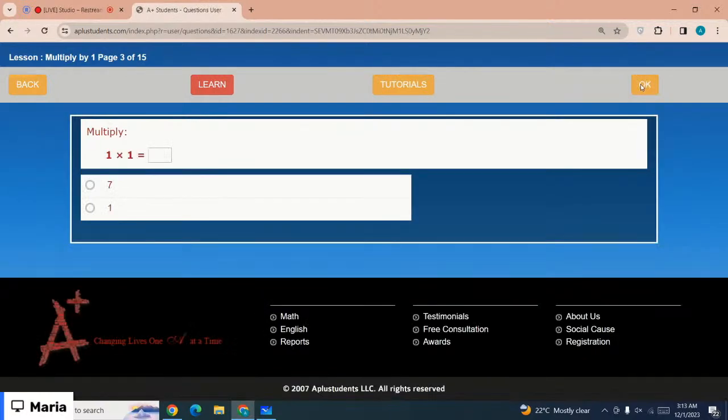Okay, the next one is 1 times 1, which is the correct option? Yes, very good. 1 times 1 equals 1, right? The correct option is 1.